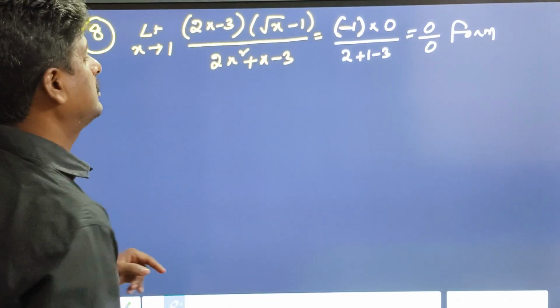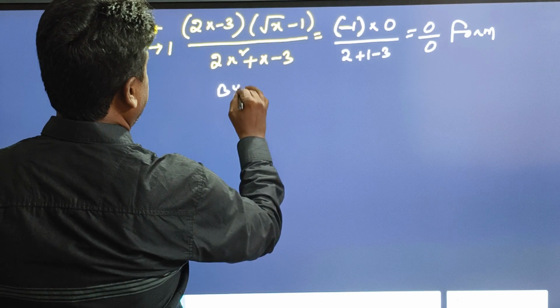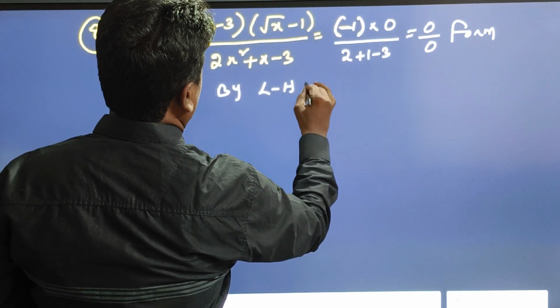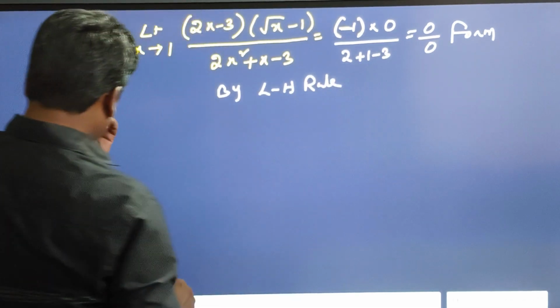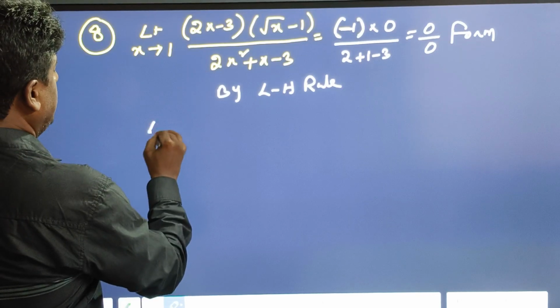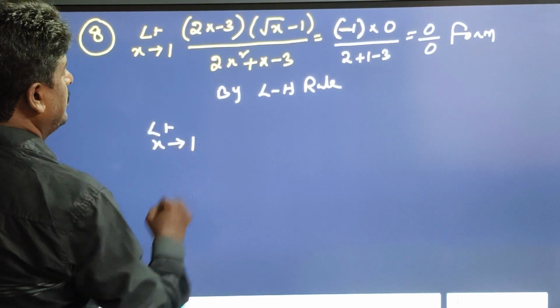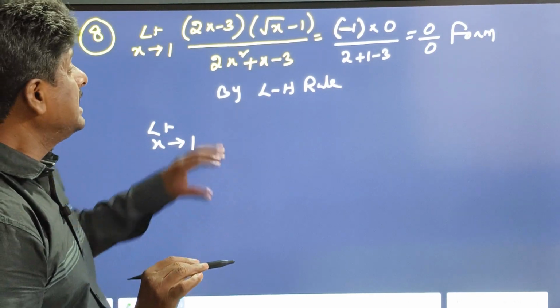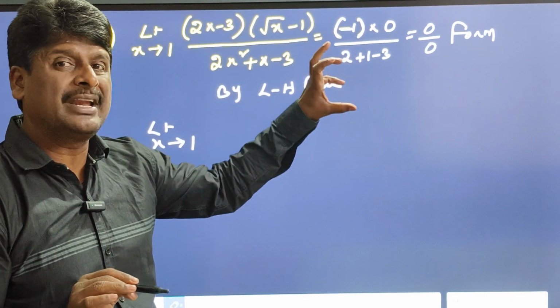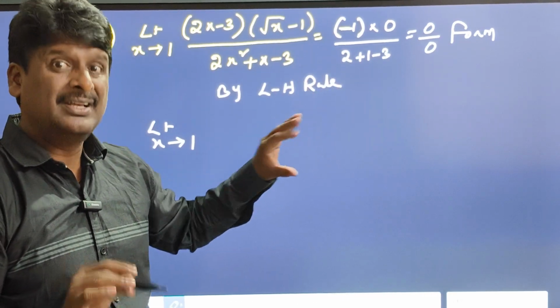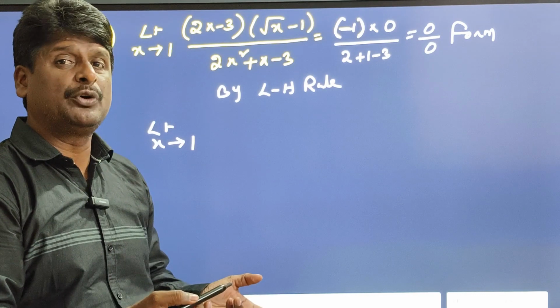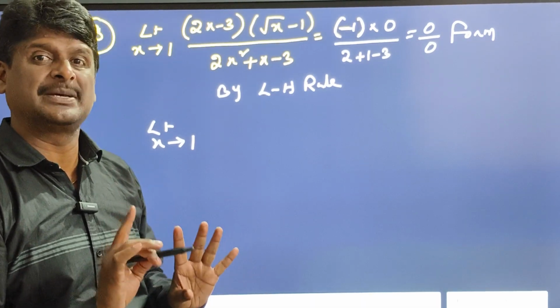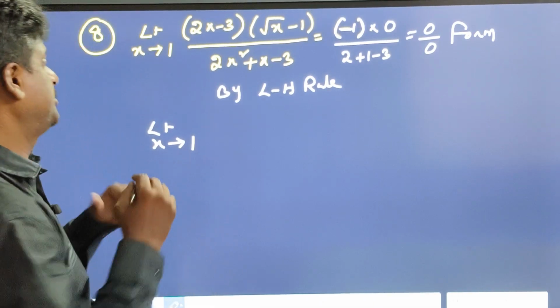By using L'Hospital rule. So I am calling it the LH rule. Limit x tends to 1. What does it say? If you are getting 0 by 0 or infinity by infinity form, then differentiate both numerator and denominator separately and apply the limit.